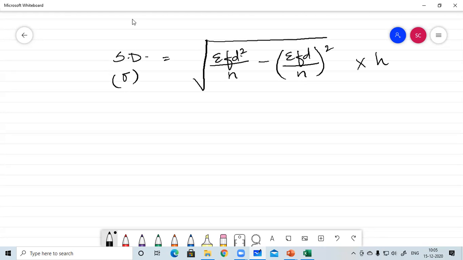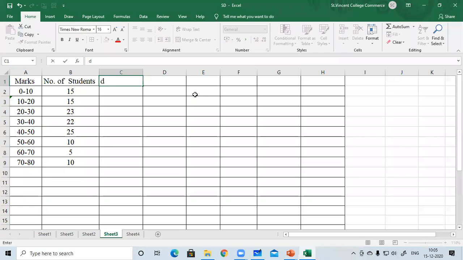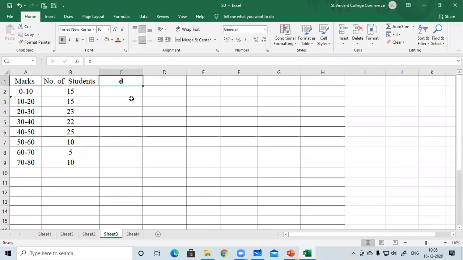So again we need d. I told you a shortcut for d: d can be negatives and positives, and to avoid all negatives, we are going to simply write 0, 1, 2, 3, 4, 5, 6, 7. Simple way.